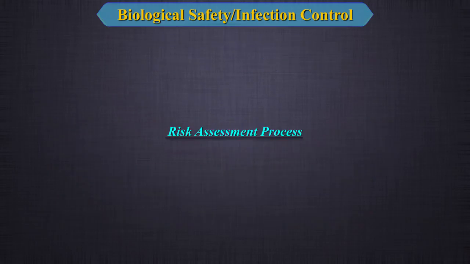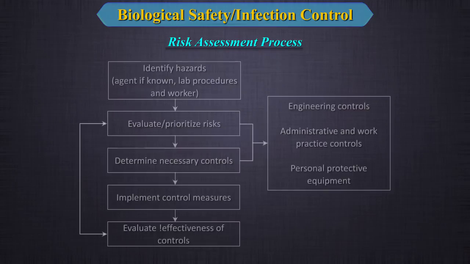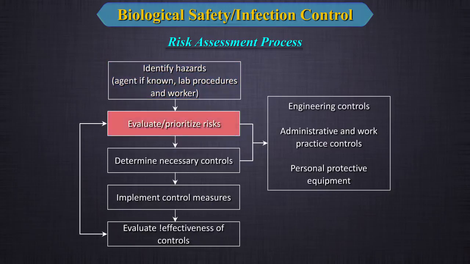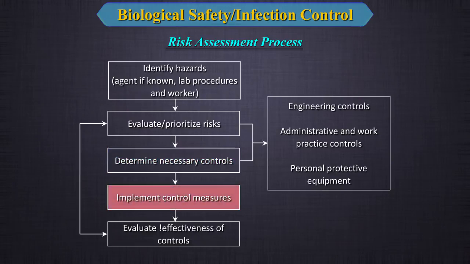This is how we do a risk assessment process flowchart. To begin with, we identify the hazards, the agent if known, the lab procedures, and the worker hazards. Based on that, we evaluate and prioritize the risks. From there, we determine the necessary controls, and we implement the control measures.